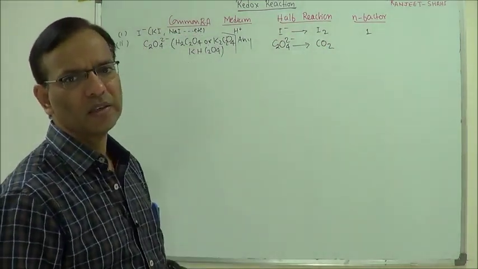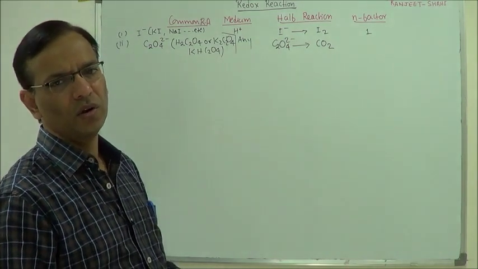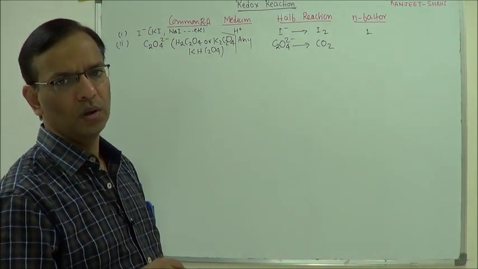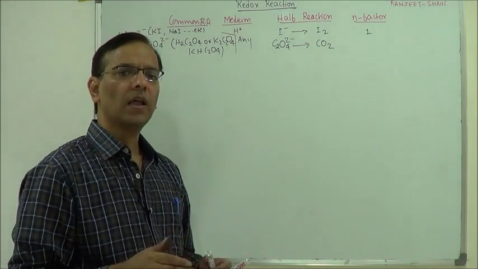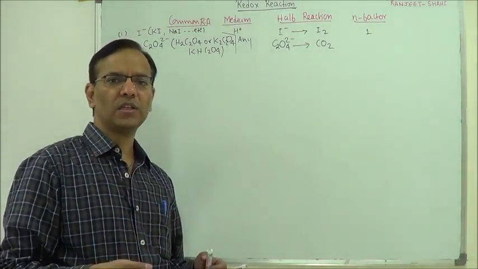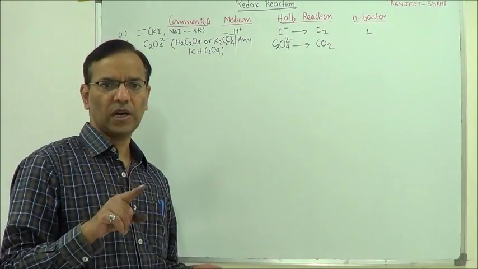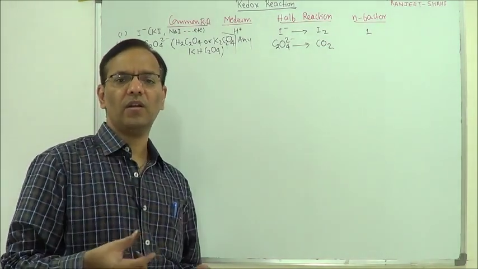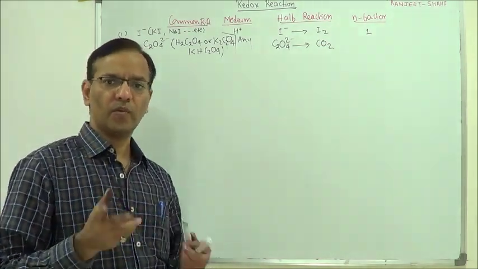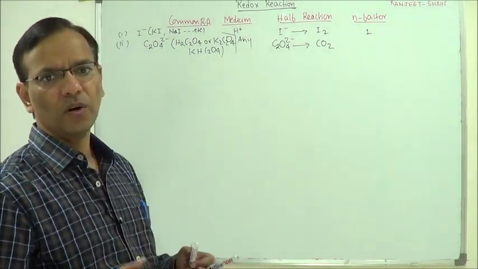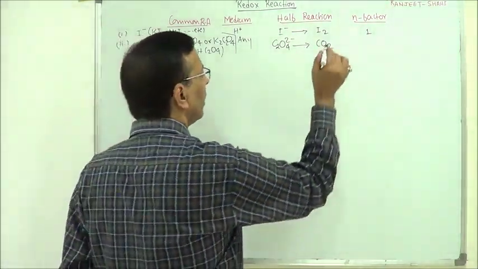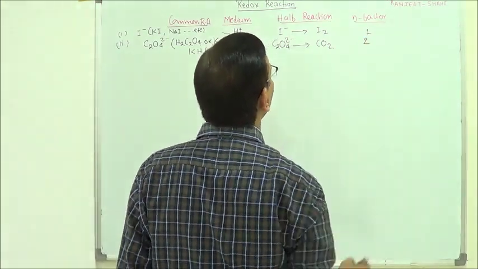If we find the N factor here, it is 2. Carbon on left has +3 oxidation state, on right it has +4. So change of 1 for one carbon, but in one oxalate there are 2 carbon. So per formula unit we have to see change for 2 carbon. So N factor of oxalate is 2.